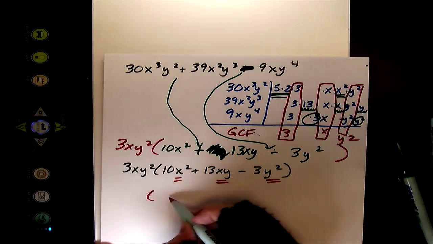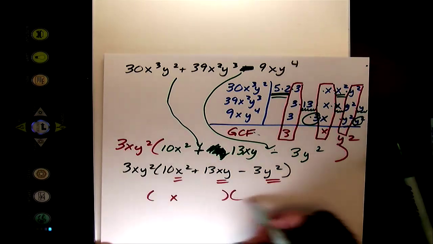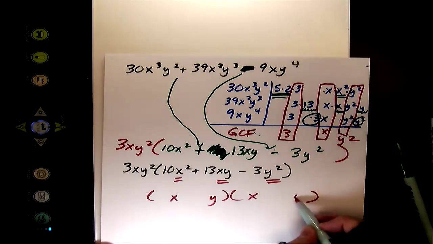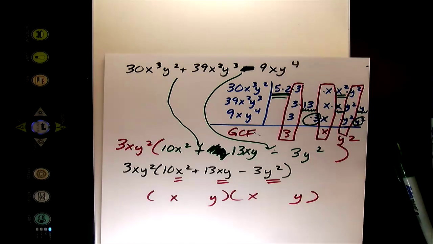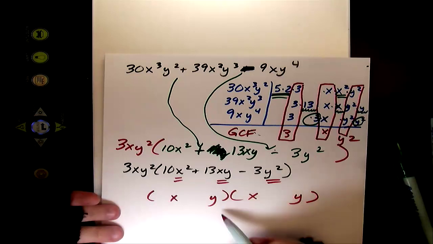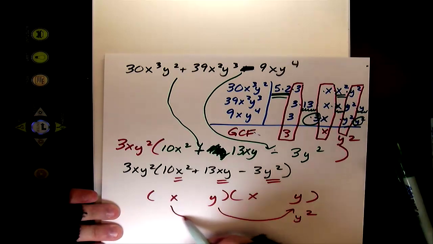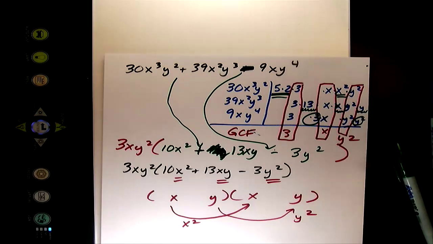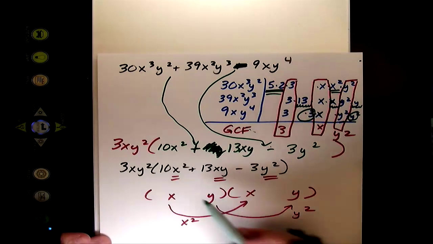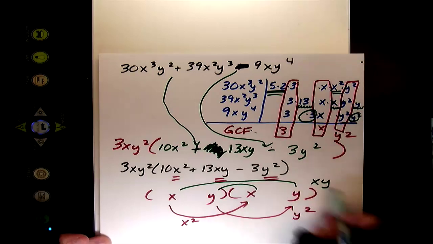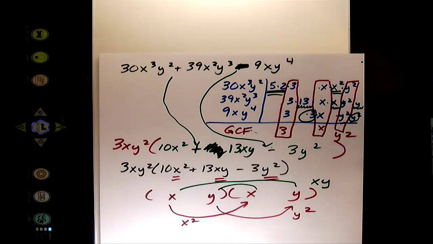If I put something with an x in the front of 2 parentheses and something with a y at the end of both parentheses, these 2 will give me my y squared. These 2 will give me my x squared. And a combination of the outside ones and the inside ones will give me xy ones. So this might factor.